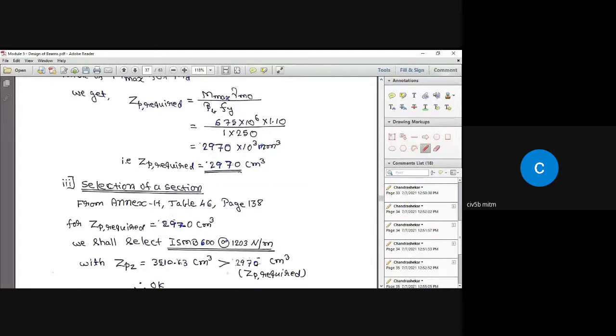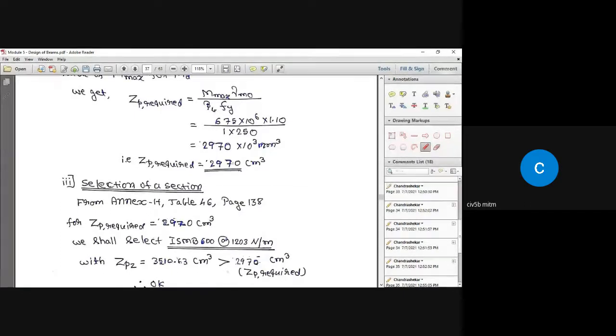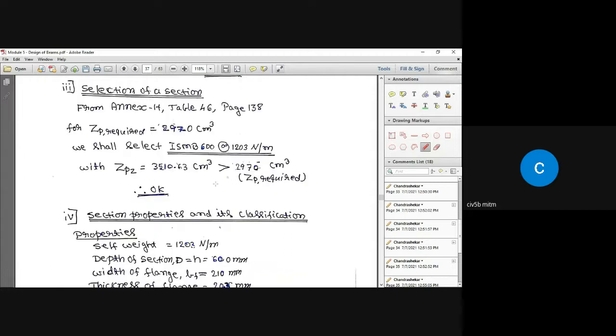So plastic section modulus for that ISMB 600 is 3510.63 centimeter cube, which is way greater than 2970 centimeter cube required. Okay, so once the ZPZ is selected, which is greater than 2970 centimeter cube, so now we have selected a section. Is it not?